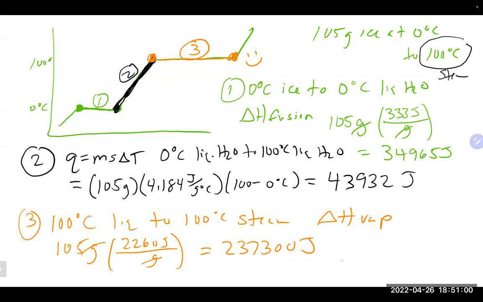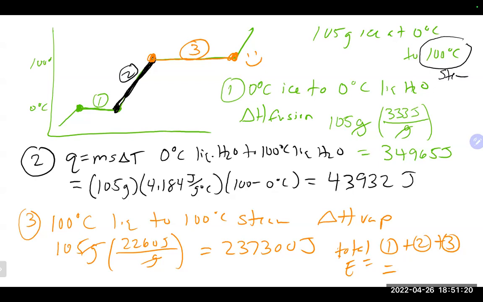So to figure out the total amount of energy to do that whole thing, what do I do? I add up all those numbers. The total energy would be step 1 plus step 2 plus step 3. I won't rewrite those numbers.